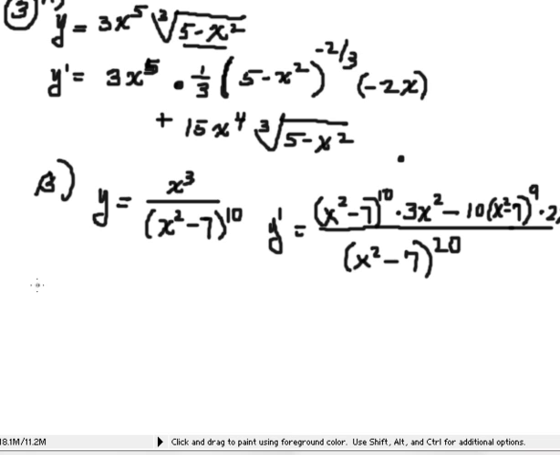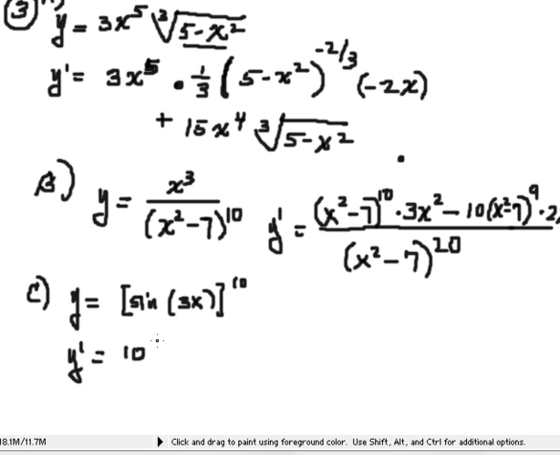So you can see we have y equals (sin 3x)^10. We have an outer function that's a power with exponent 10, and inner function sine of 3x. y prime is equal to the derivative of the outer, 10, and just copy over the inner function as is.